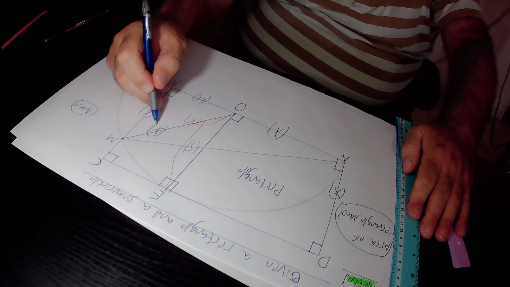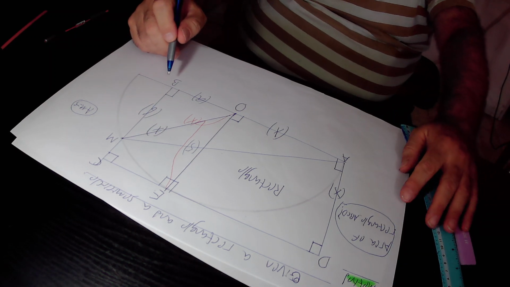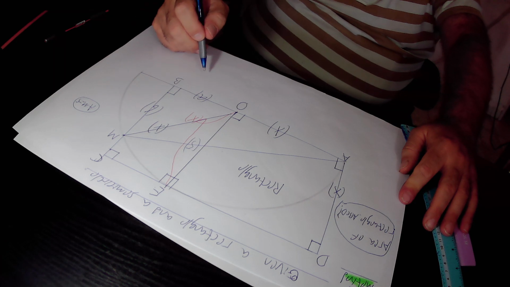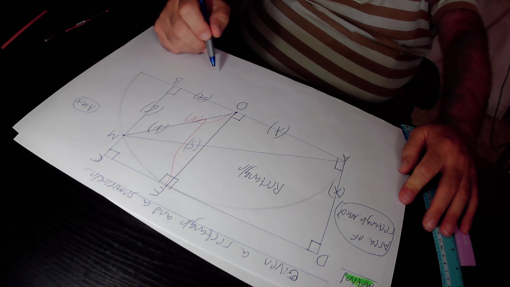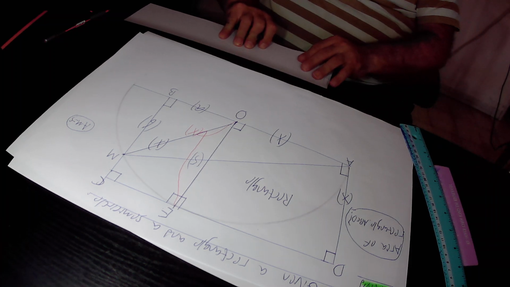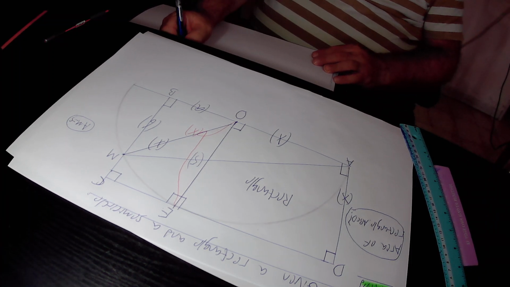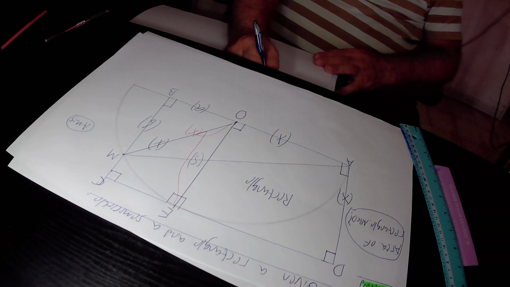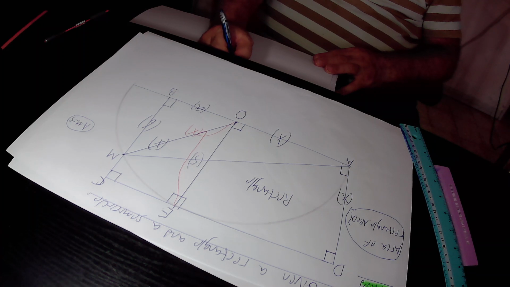In the next step, I'll copy the right triangle OMB in a new page and we'll implement the Pythagoras theorem on this right triangle OMB. Here PT is the version for Pythagoras theorem.